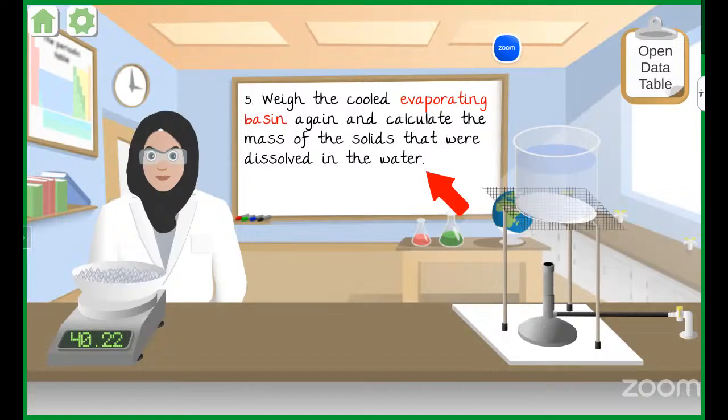So what do we have in there? 40.22. Okay. So now tell me, how do you calculate the mass of the solids that were dissolved in the water?